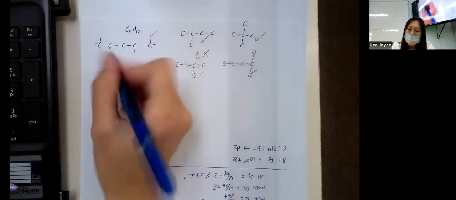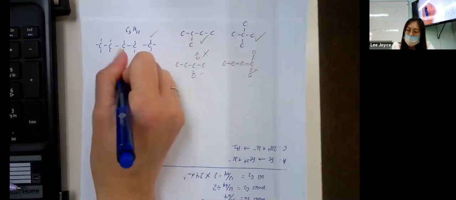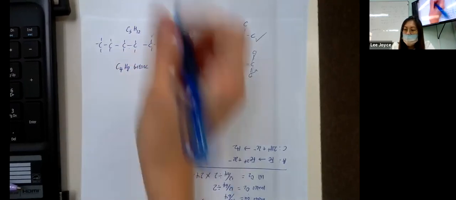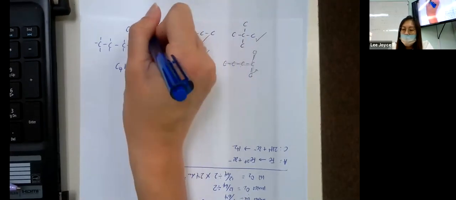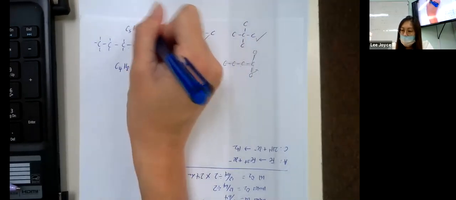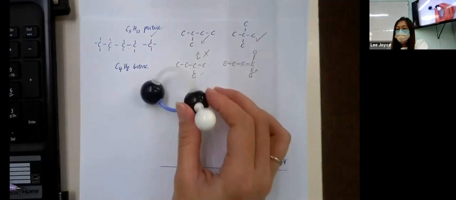Now what about alkene? Let's see C4H8, that's the butene. Now alkene will be a different thing already, because the C=C double bond cannot be rotated. So you can see that this is a double bond.